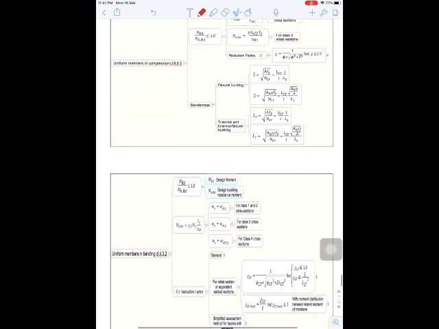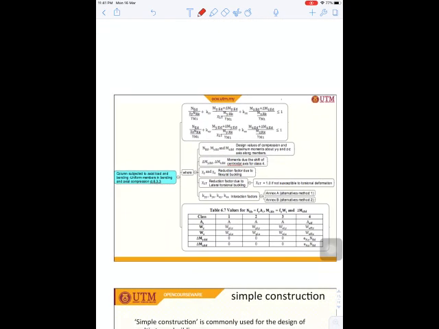and there's a lot of calculation behind this, especially this iteration.